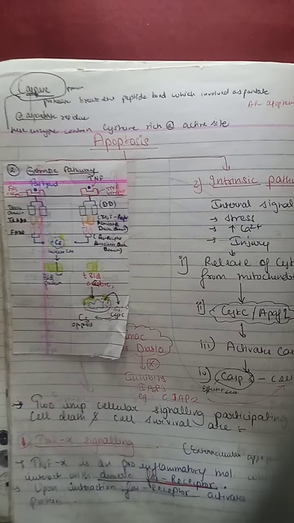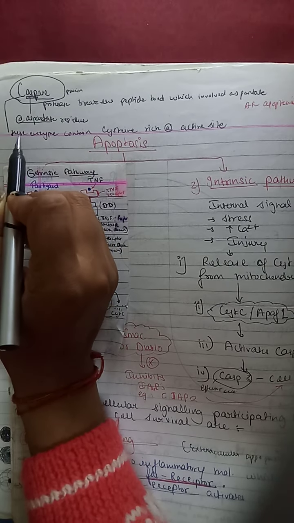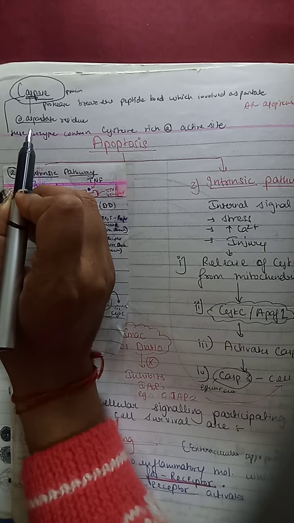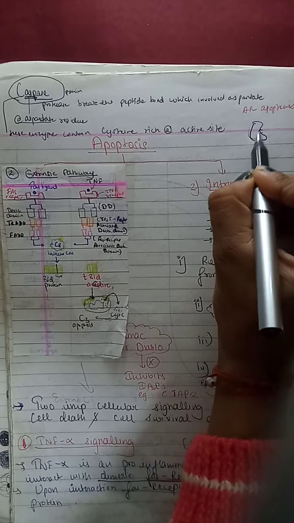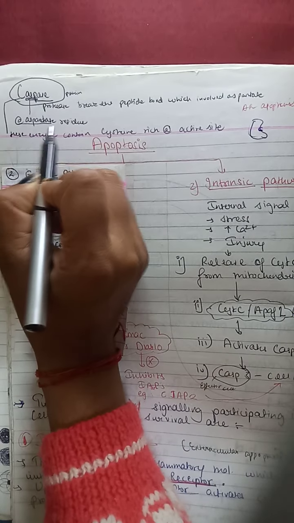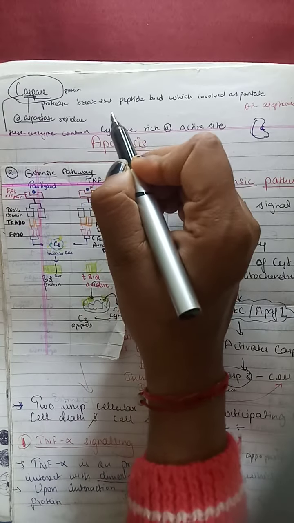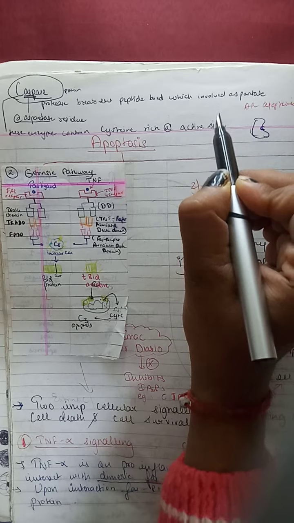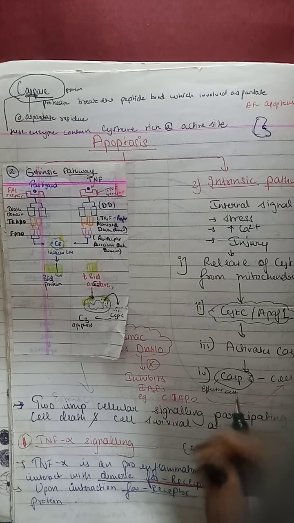Caspase stands for an enzyme containing cysteine at the active site, and ASP stands for aspartate residue. It is a protease that breaks the peptide bond involving aspartate. So basically this is the caspase protein.